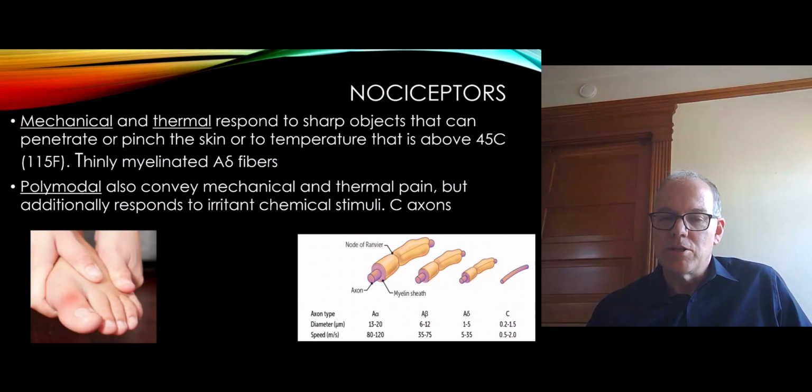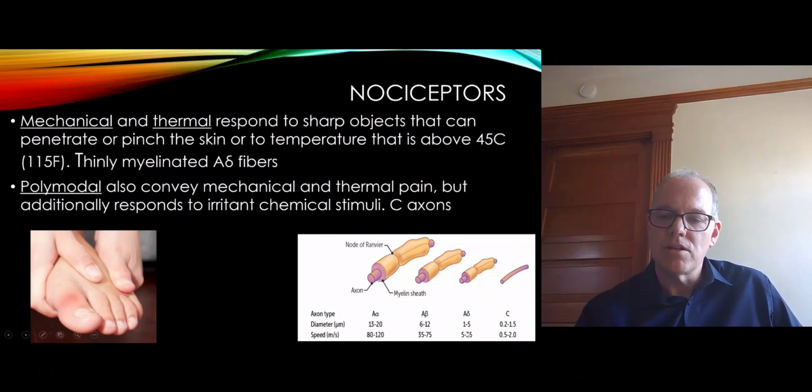I think we've all had the experience. If you really stub your toe intensely, in that initial split second, your brain tells you, okay, this is really going to hurt. You're aware of the pain initially, but the more intense pain is going to happen just a split second later. That is an example of these two pathways.